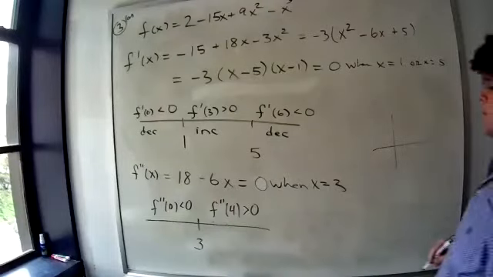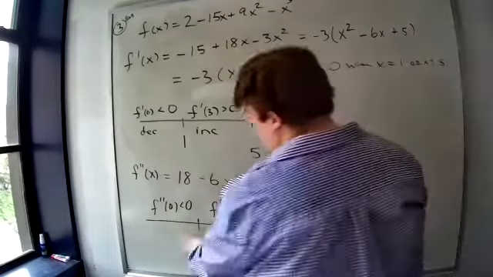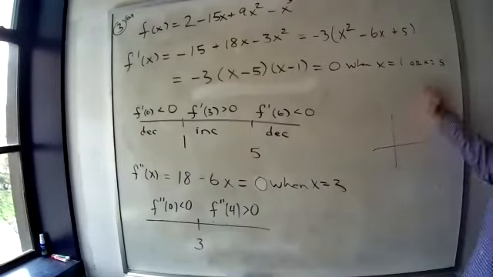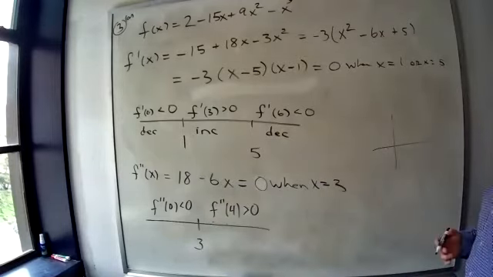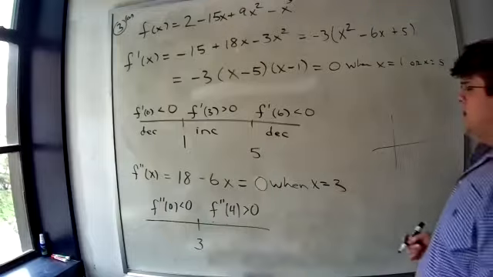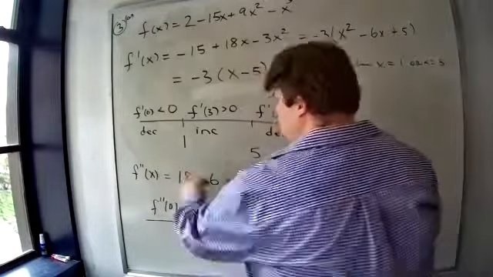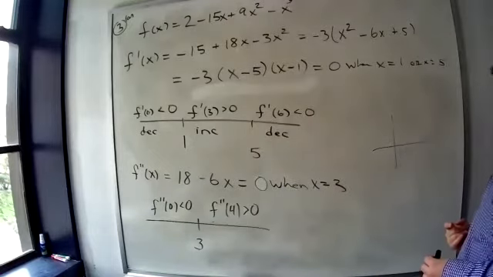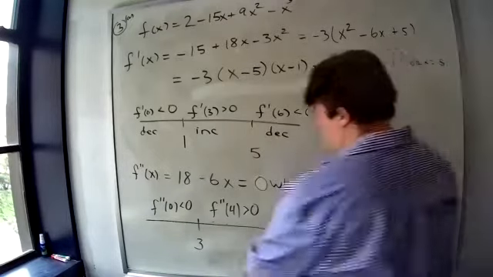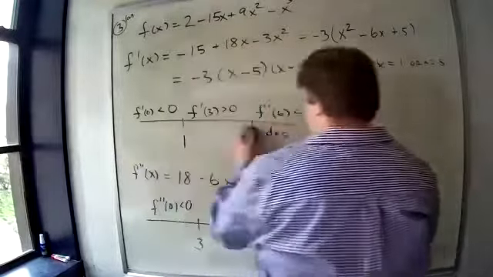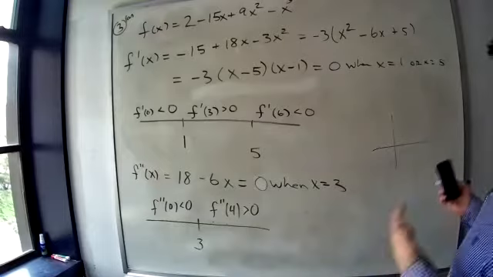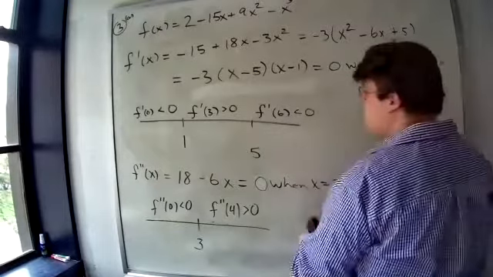So if you, from here, didn't write concave up, concave down, you could piece together the graph. But you would need to make an observation about the sign of the second derivative and the sign of the first derivative. You would have to at some point observe the sign of the first derivative.